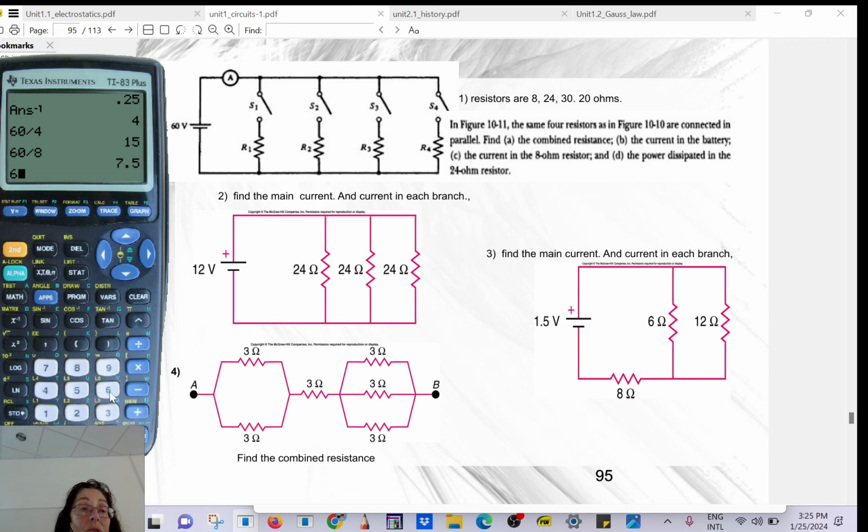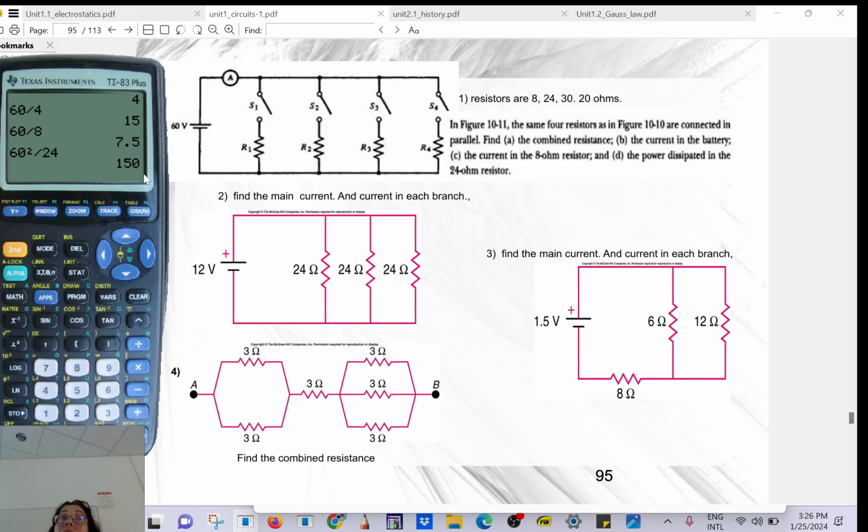So I do 60 square divided by 24. That's going to be 150. The power that will be turned into heat by the resistor will be 150 watt.